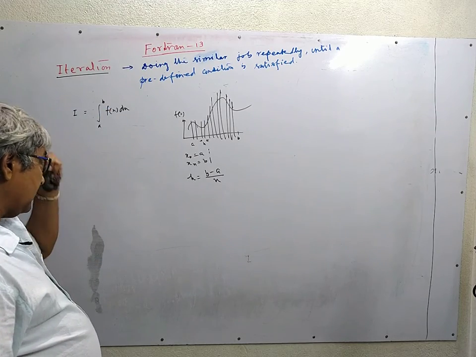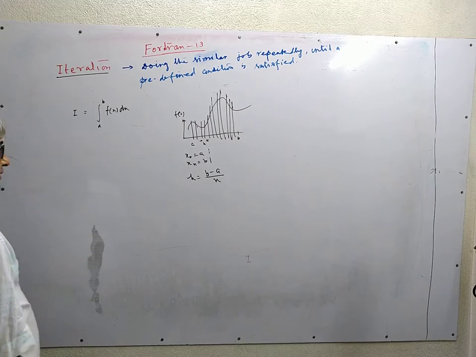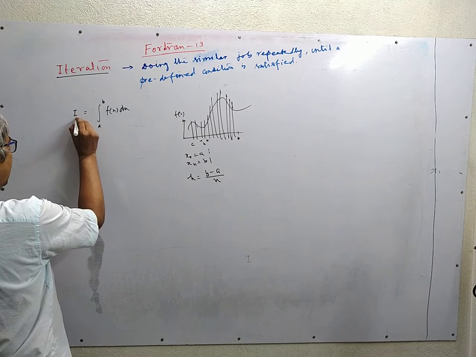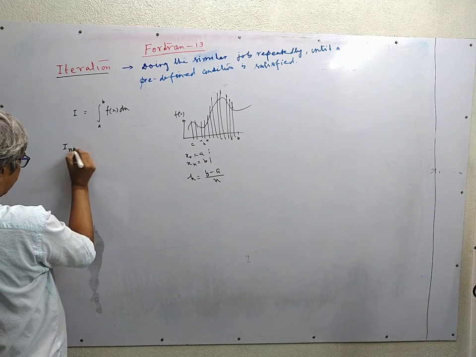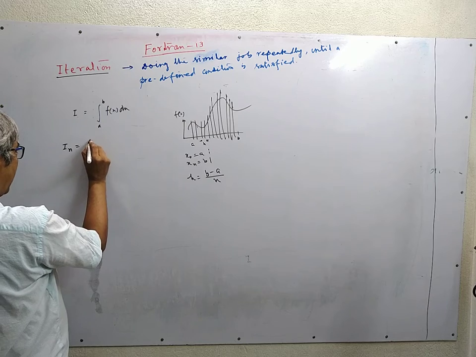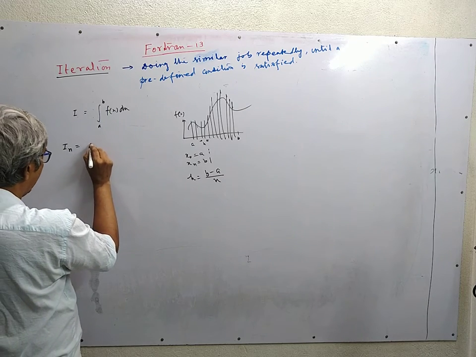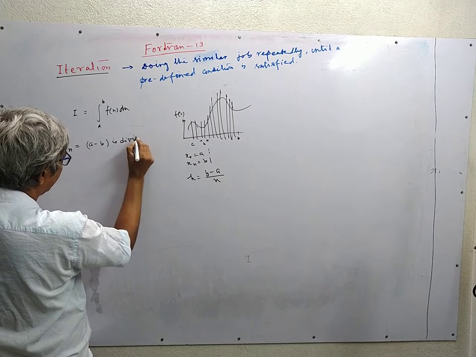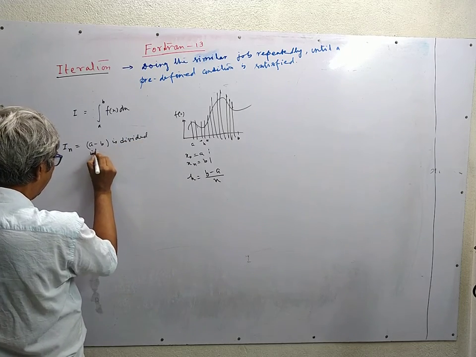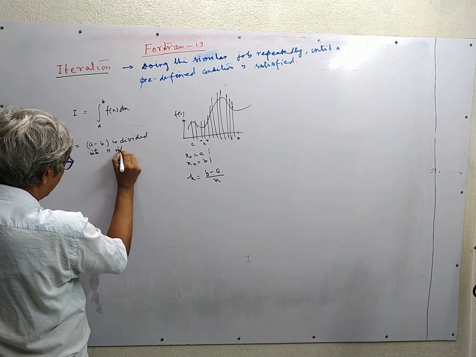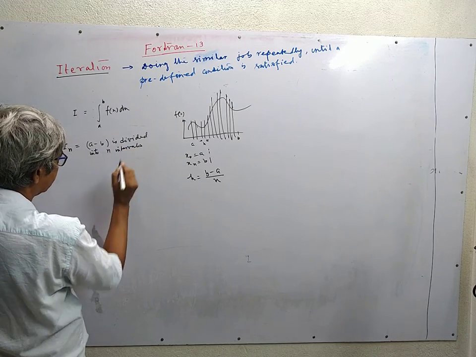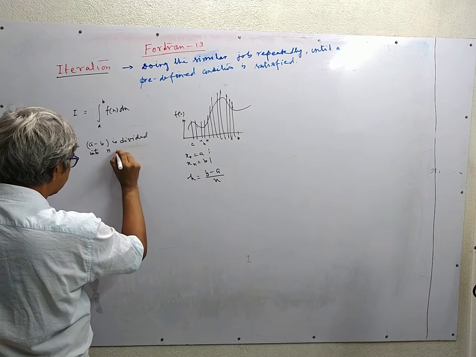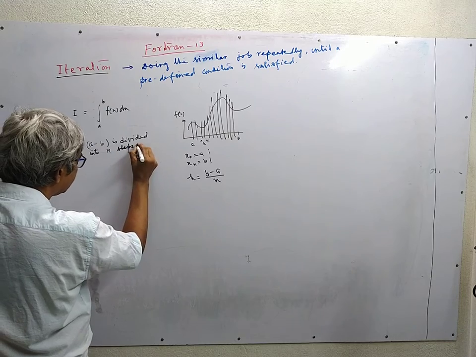Now for a given n, the integration is carried out. That is, we divide the entire interval a to b into n intervals, n steps of equal size.